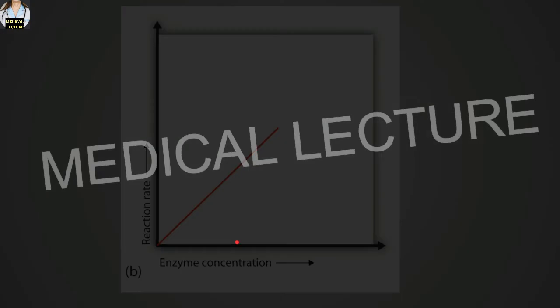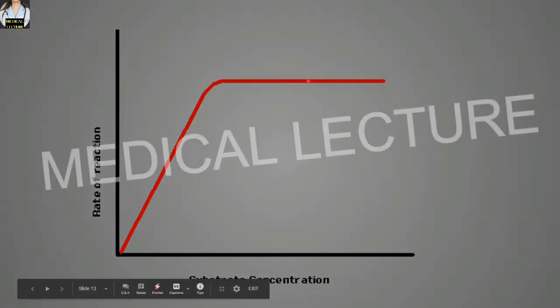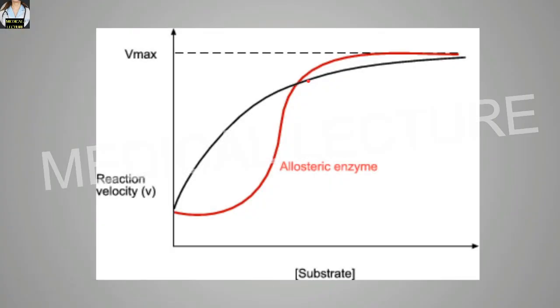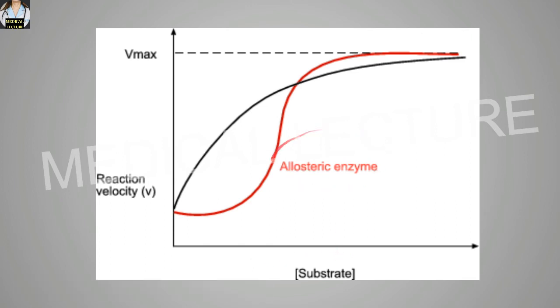The next graph is between the velocity and the substrate concentration, and it is a rectangular hyperbola for simple enzymes. This is a graph between the velocity and the substrate concentration for the allosteric or regulatory enzymes, and it is a sigmoidal or S-shaped graph.